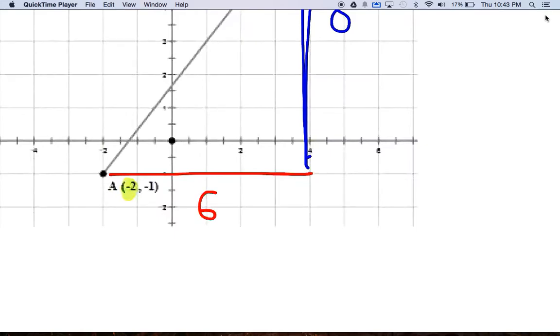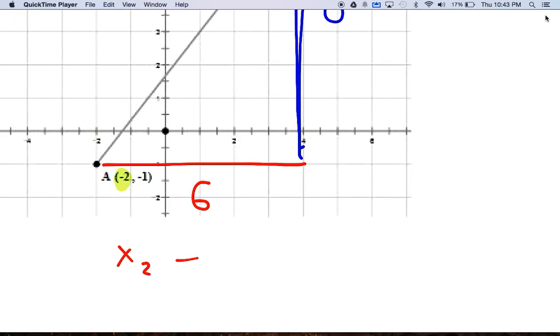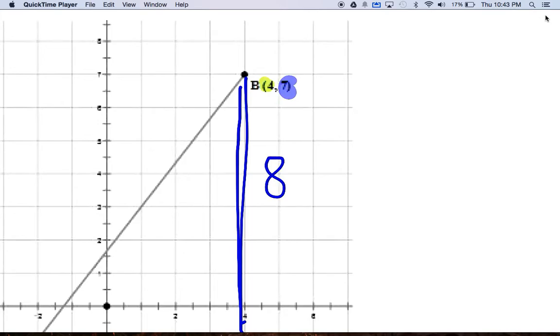So this 6 right here is actually equal to x2, that's this point right here, minus x1, this x-coordinate. So if you subtract the x-coordinates, you get that distance. And likewise, if you subtract the y-coordinates, -1 and 7, you'll get 8.